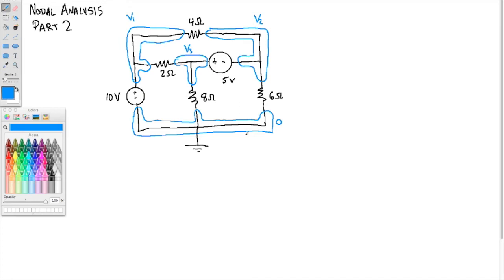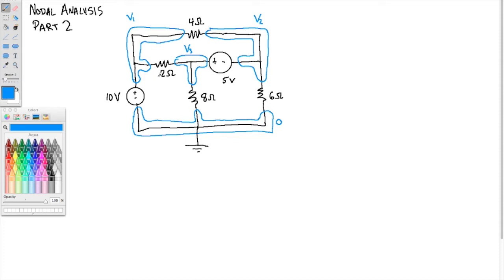If you followed the last video, then we said there are n-1 equations that we would need to set up, and there are n-1 unknowns, namely the node voltages.